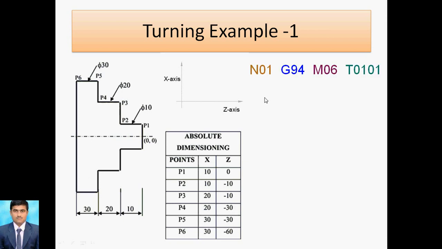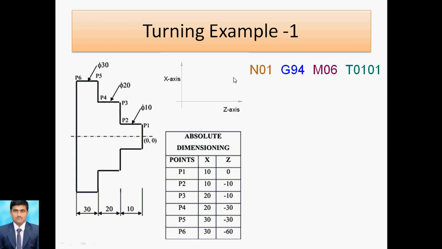So this is the first code, N01, that is the sequence number, G94, and then M06, the tool change, that is tool number 101. So this is called tool change, that is T101.